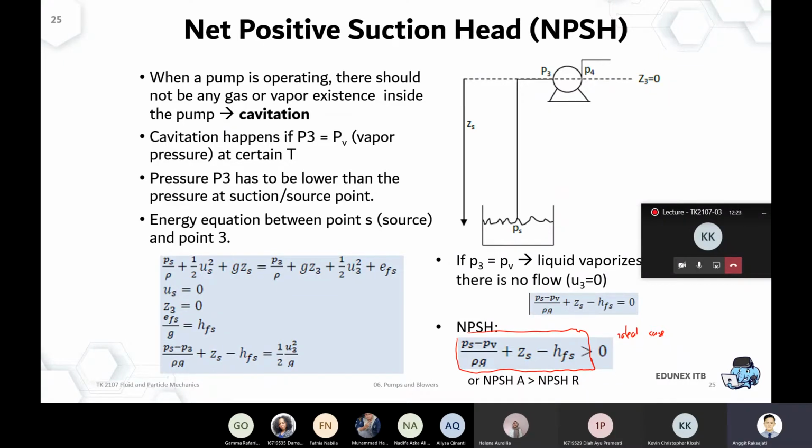If we can assume that there is no pressure drop in the pump between the incoming nozzle and the impeller part of the pump, this formula is applicable.